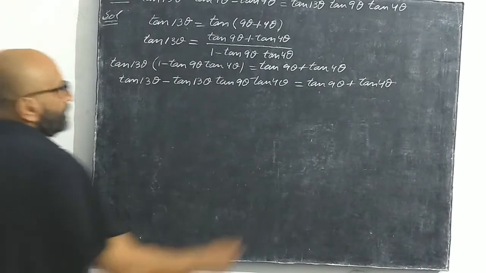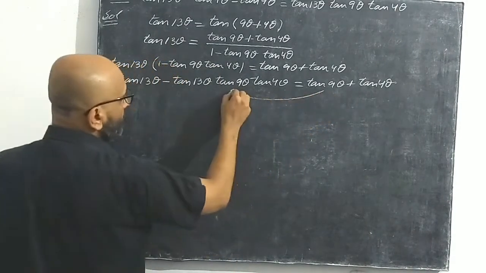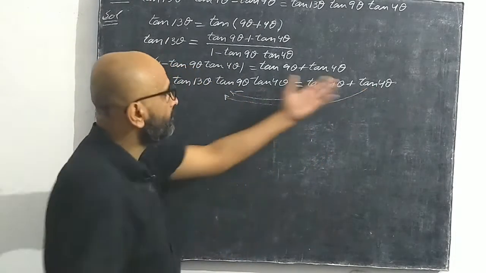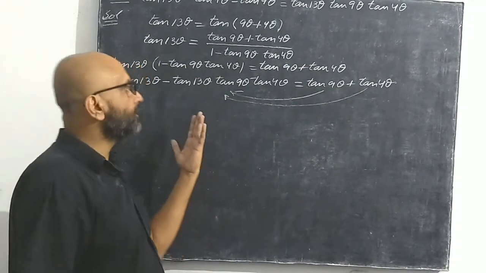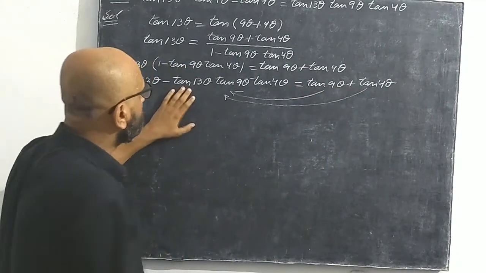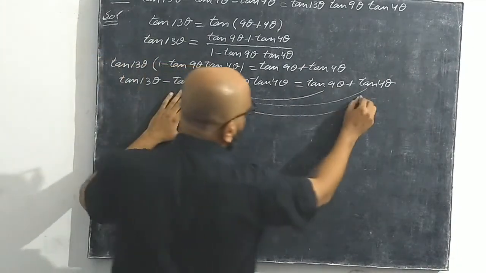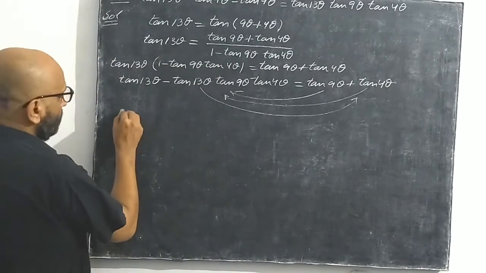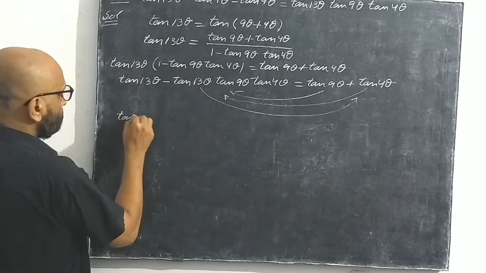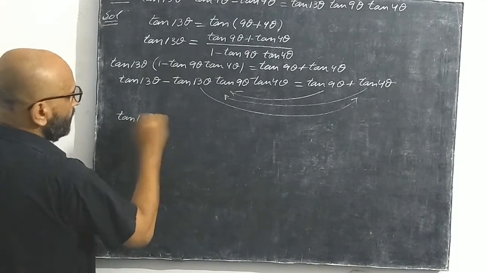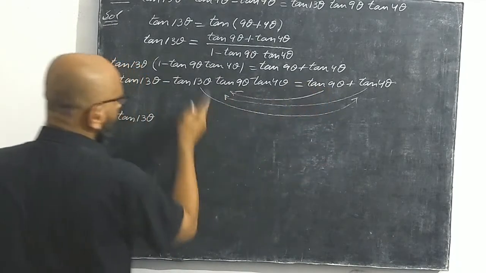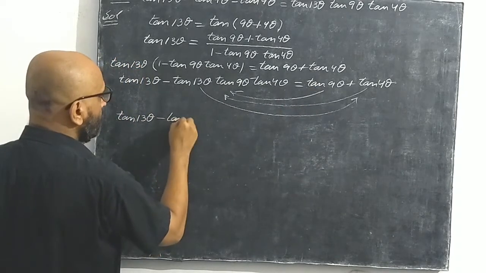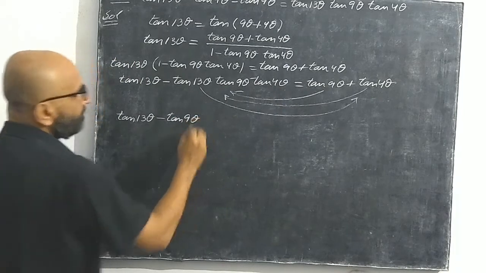Now if we transpose these two terms to the left hand side, these two terms become negative on transposition, and transposing this term to the right hand side, it becomes positive. So we have tan 13 theta as it is. Transposing tan 9 theta to the left hand side, it becomes minus tan 9 theta.